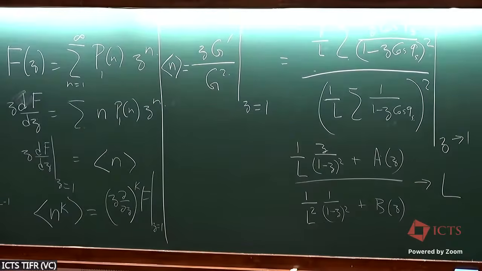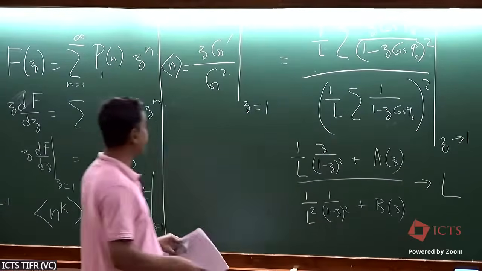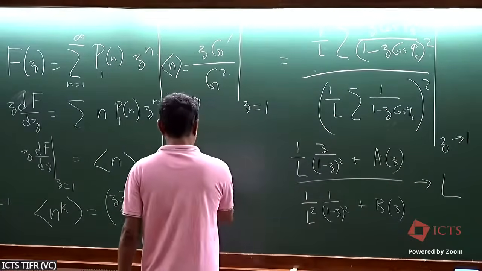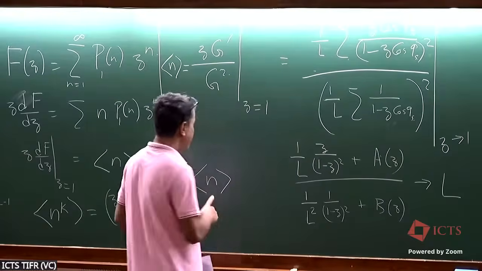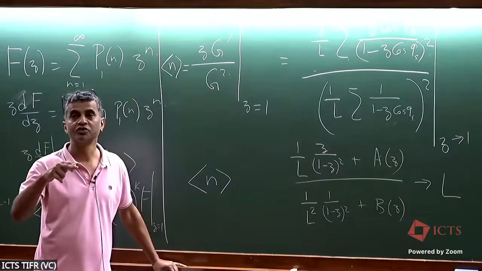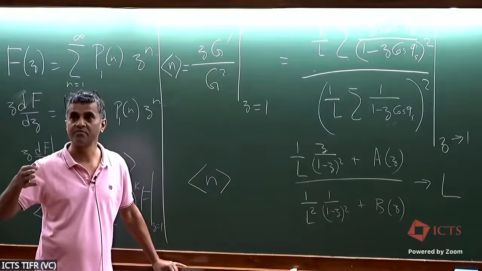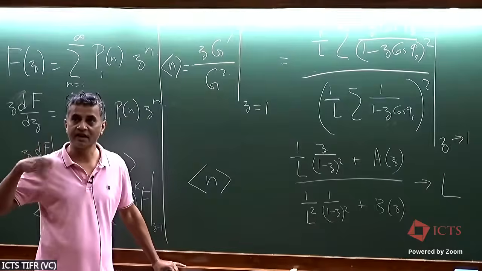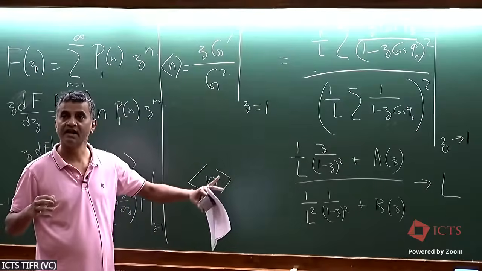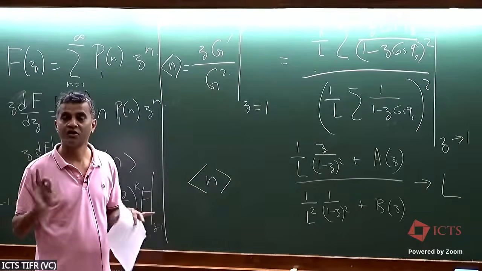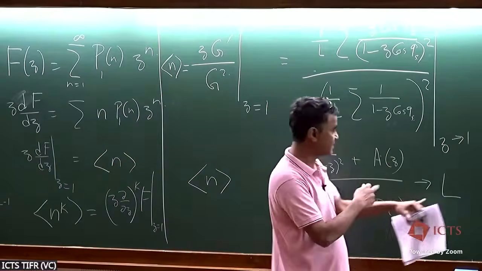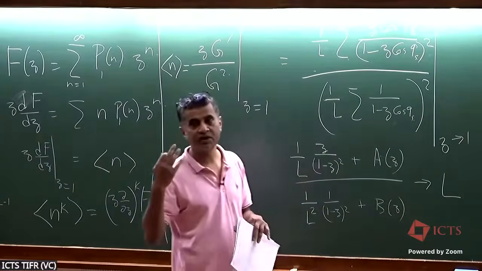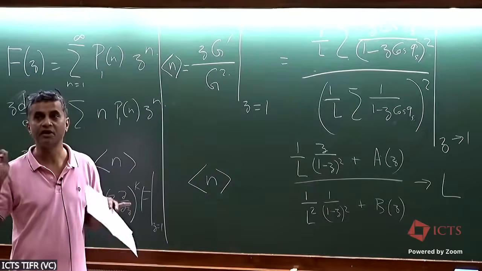Okay, so this was just a digression. The main result is that the mean return time on a finite lattice of L sites is exactly L. L is the number of sites; if you have a cubic lattice, L to the power D or whatever, but the number of sites.